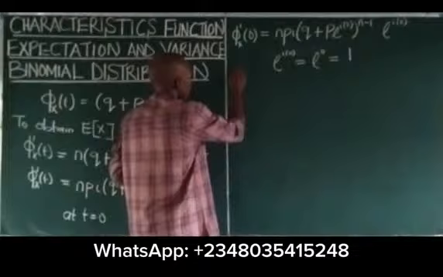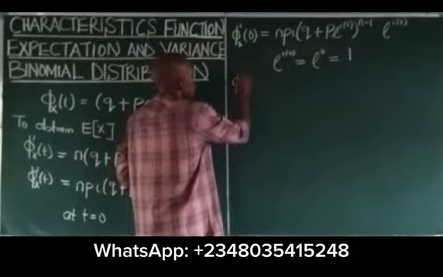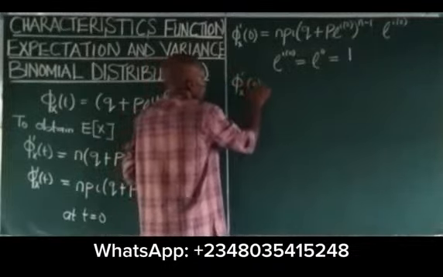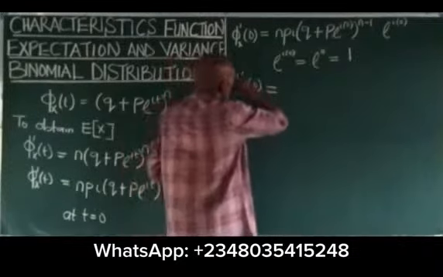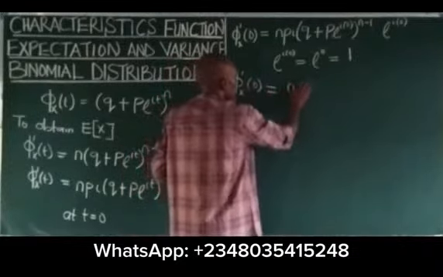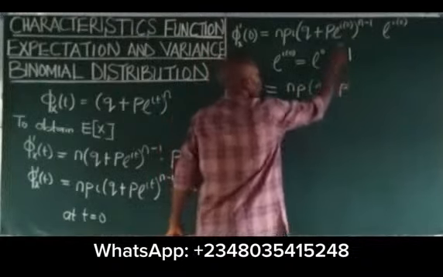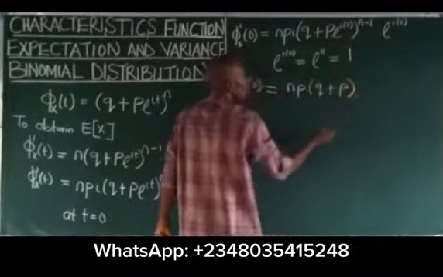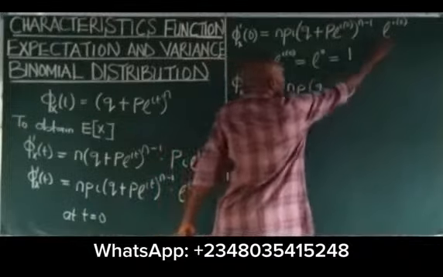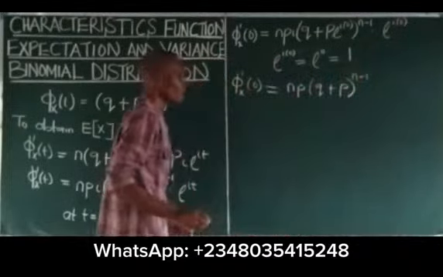So we have that the first derivative of the characteristic function at t equal to 0 is n p i into (q + p)^{n-1}, because the exponential has turned to 1.